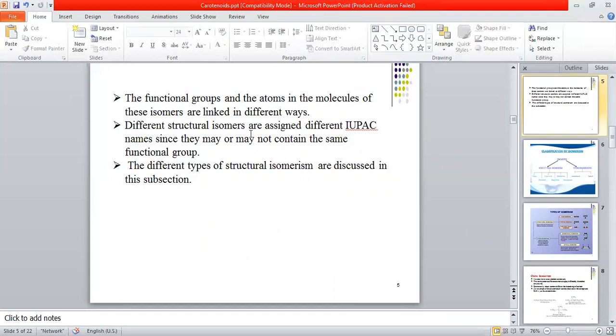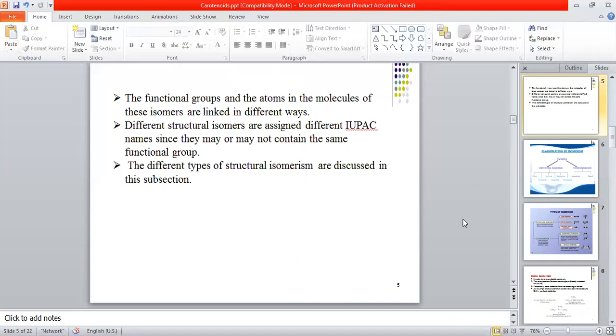And that arrangement means the different structural isomers are assigned different IUPAC names, since they may or may not contain the same functional group. The different types of structural isomers will be discussed in the subsections.